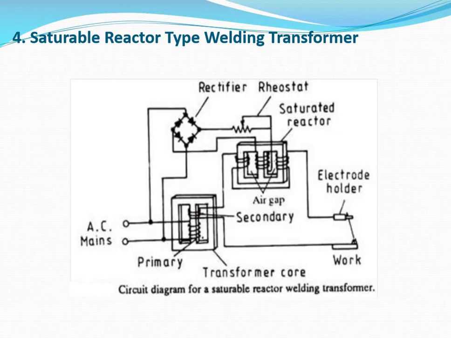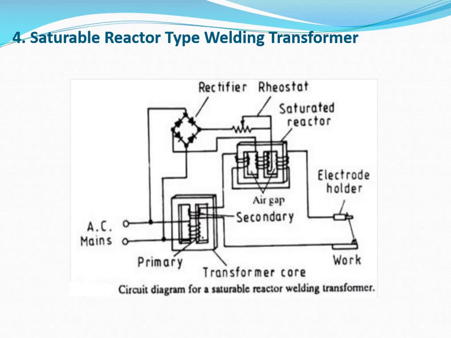As the magnitude of DC is increased with the help of a rheostat in this circuit, there are more continuous magnetic lines of force, thus the impedance of the reactor is increased and the output current of the welding transformer is decreased. This method has the advantage of removing movable parts and flexing conductors and is often used for gas tungsten arc welding power supplies.